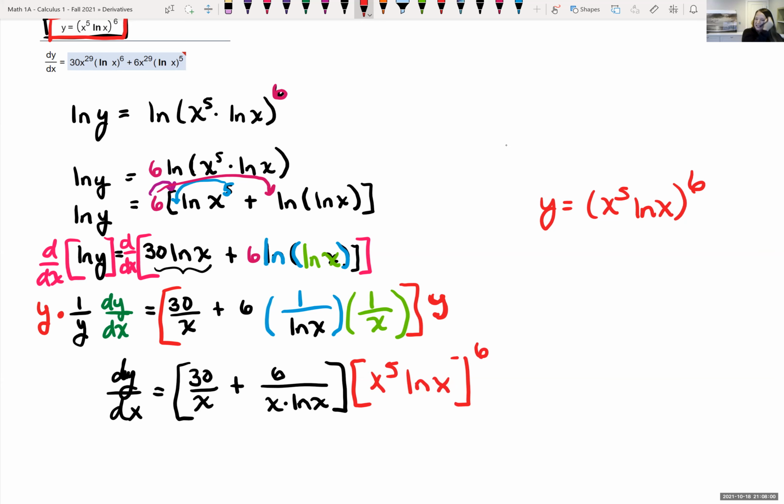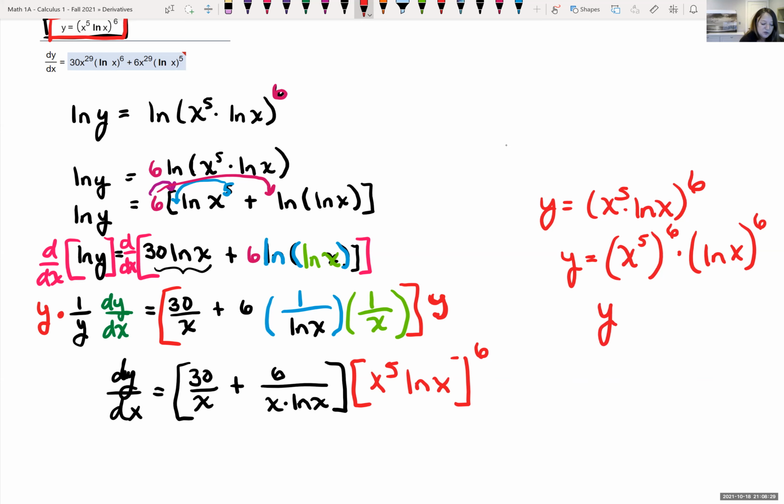Let's simplify this a little bit. And maybe I could have done that too when I started this, but it's power to power, and this is multiplication in between. So I can basically say this is the same thing as y equals x to the 5th raised to the 6th power times the natural log of x raised to the 6th power. Power to power again, multiply.